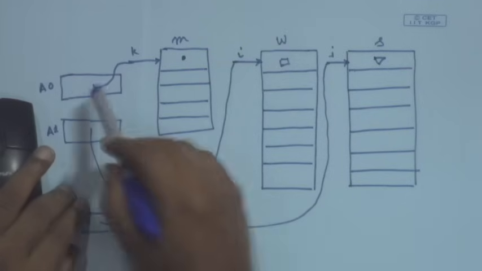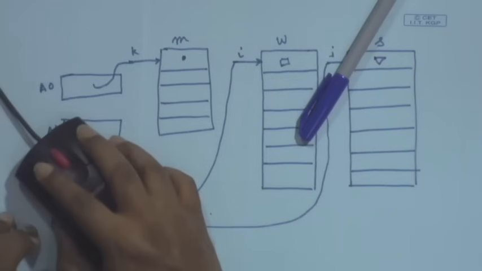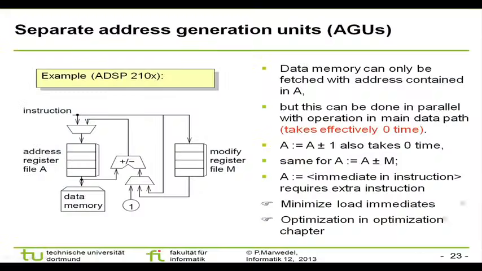So that is coming in from the register. Depending on the instruction, I can either select this or select 1. Whatever is coming, I add either of them, and it is automatically added. And so, it takes effectively 0 time.